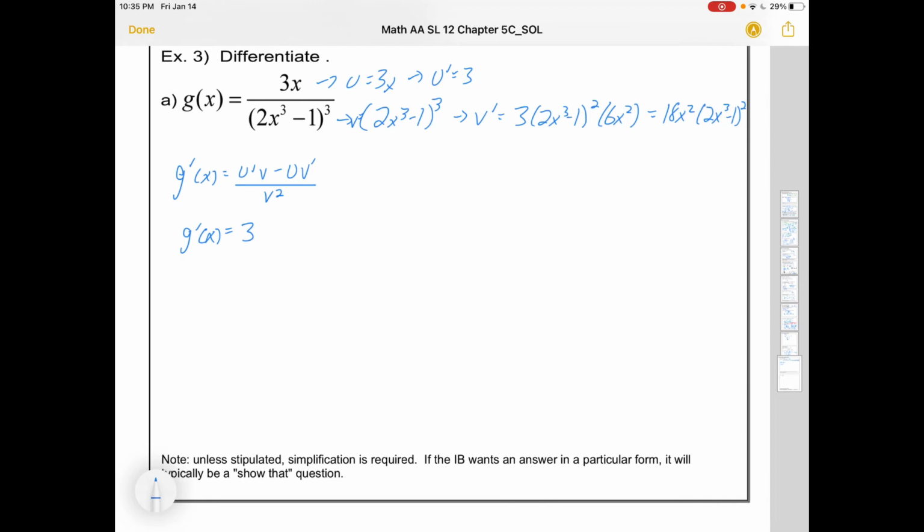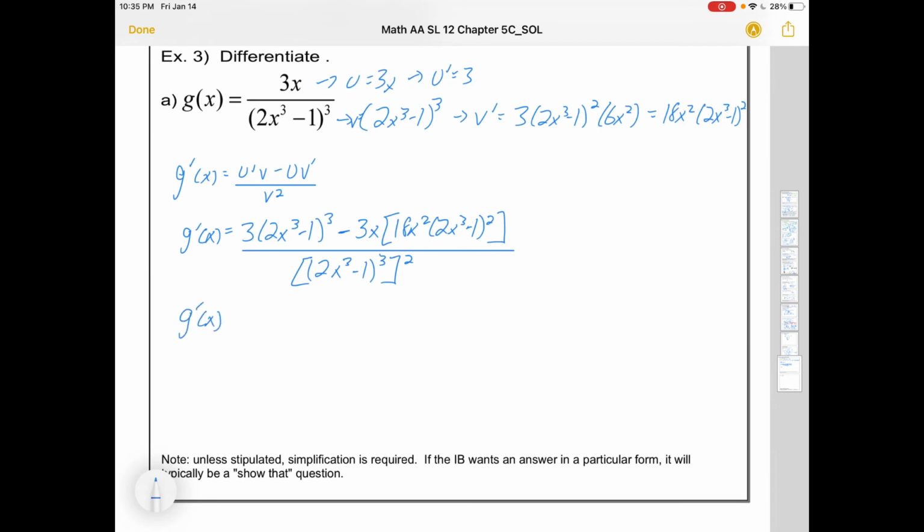So 3 times v minus u times v prime, all over v squared. So that's 2x cubed minus 1 all squared. All cubed, rather, all squared again.